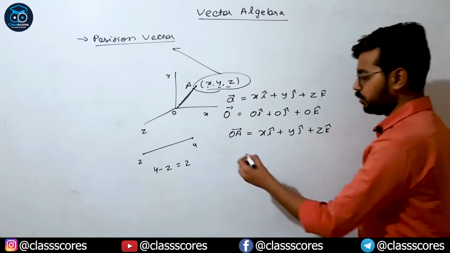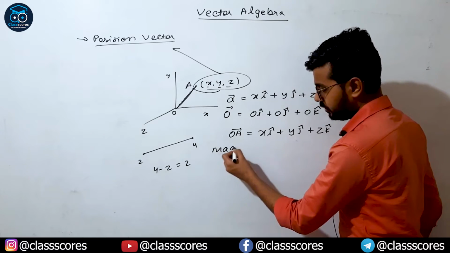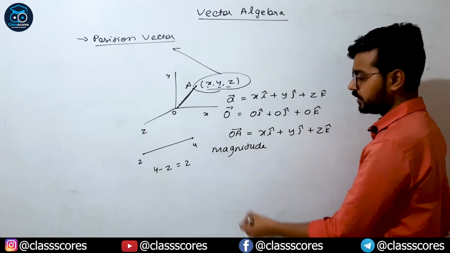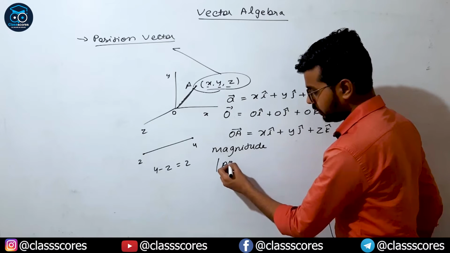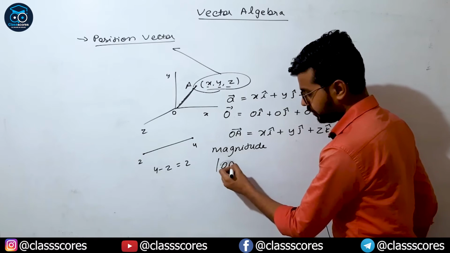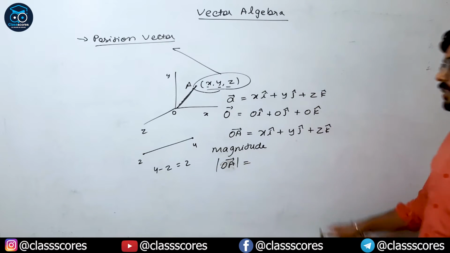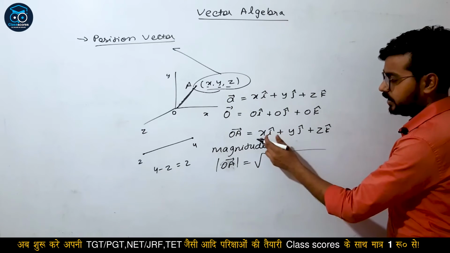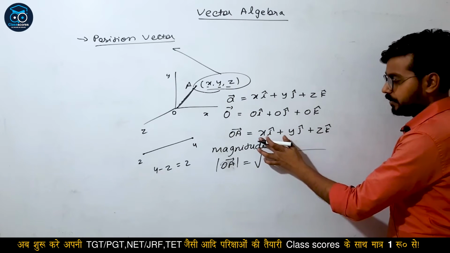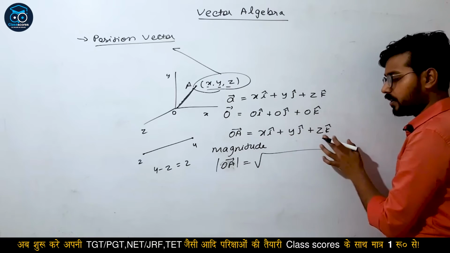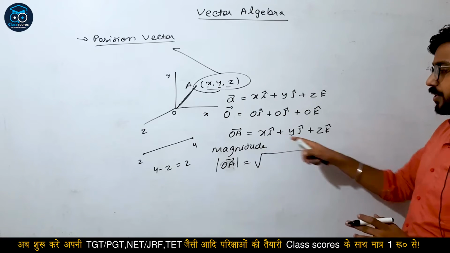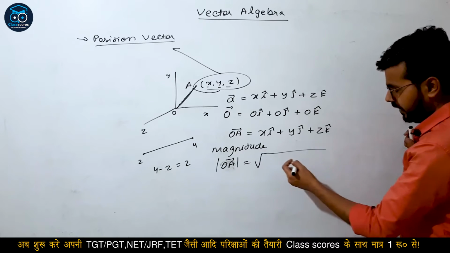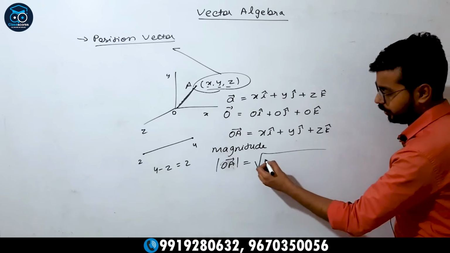Now if we need to find the magnitude of this vector, magnitude is nothing but the length of this line. It will be found with the help of this method: we square all the coefficients of i cap, j cap and k cap, add them and take the square root.